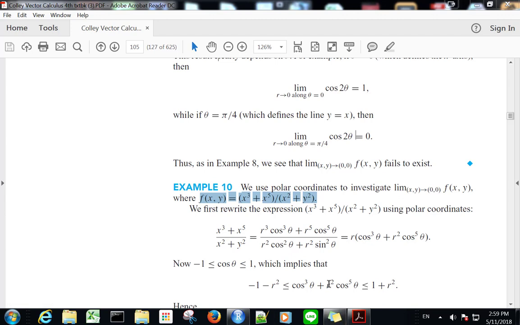So I guess the biggest that this can be is 1, and the biggest that this can be is 1, so the biggest that the second term can be is r squared. That's 1 plus r squared there. And this can be negative 1, and this can be negative 1. So it could be negative r squared minus 1. So we can say that.